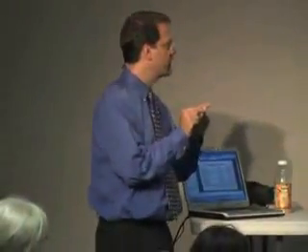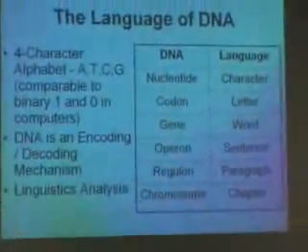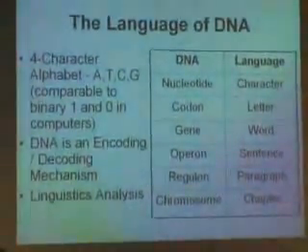And there's something very interesting about DNA: those letters form words, and the words form sentences, and the sentences form paragraphs, and the paragraphs form chapters. You ever heard of chromosomes?